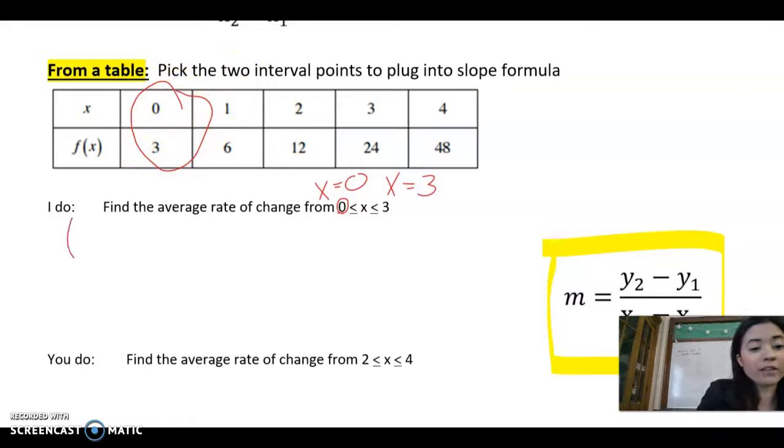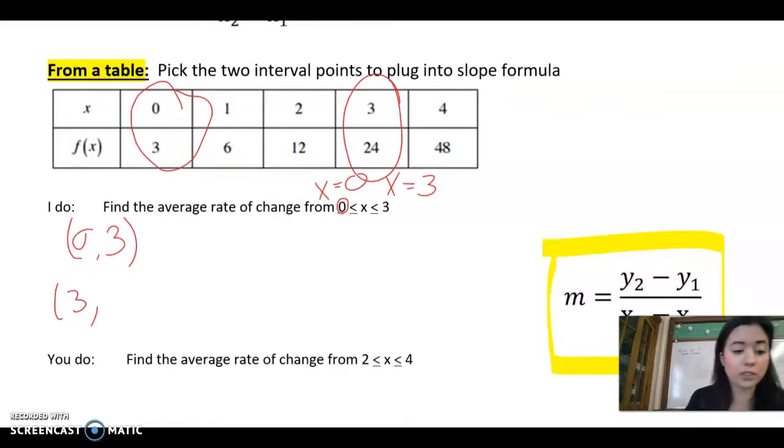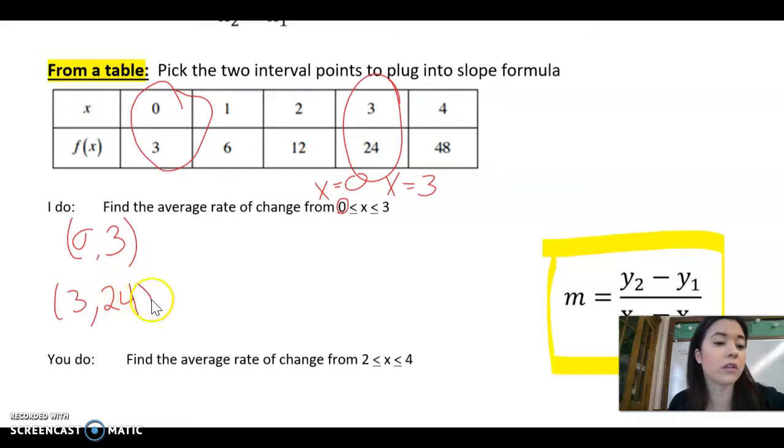So that's the point 0, 3. And then x is 3 is right here. And that's the point 3, 24. So there's my 2 points.